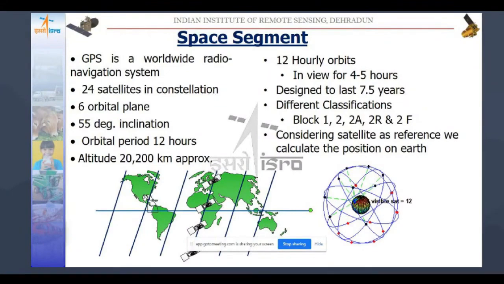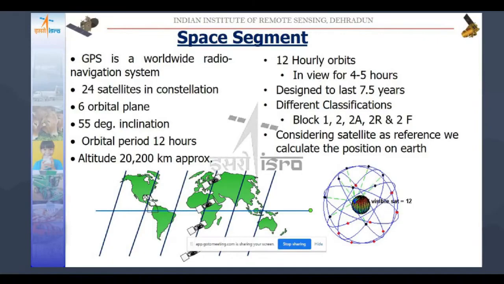So we have placed our IRNSS constellation at 36,000 kilometers. From there it appears almost stationary with respect to the Earth. That is called geostationary or geosynchronous, the geo-orbit, when we place a satellite at 36,000 kilometers.